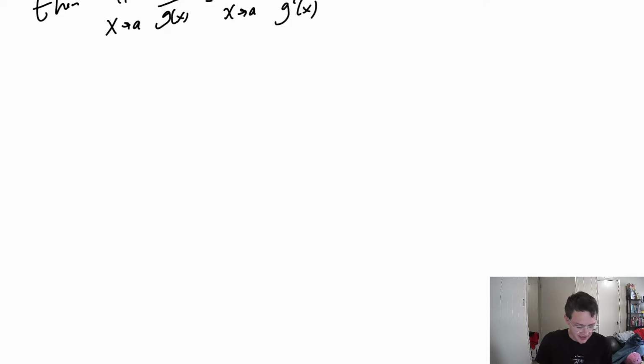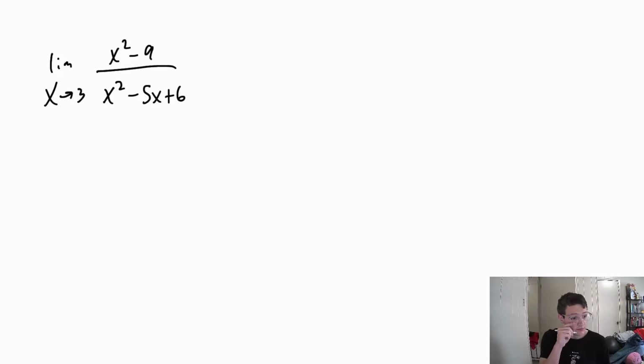If we remember back in the day, they would give us problems like find the limit as x goes to 3 of something like x squared minus 9 over x squared minus 5x plus 6. And of course, when we come to a problem like this, our first instinct is to plug in 3. We try plugging in 3.